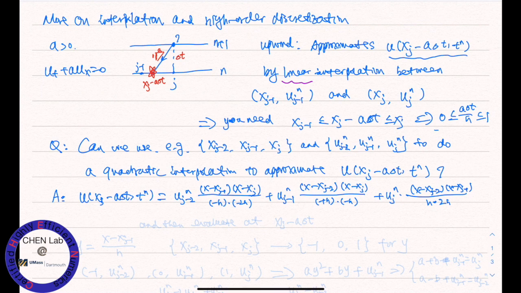And then you evaluate at xj minus a delta t.